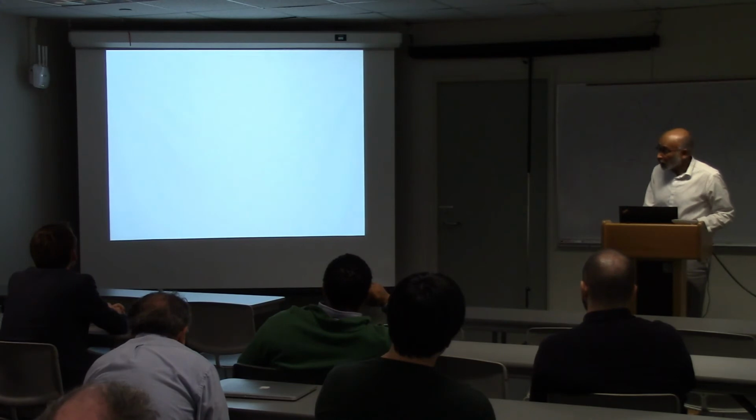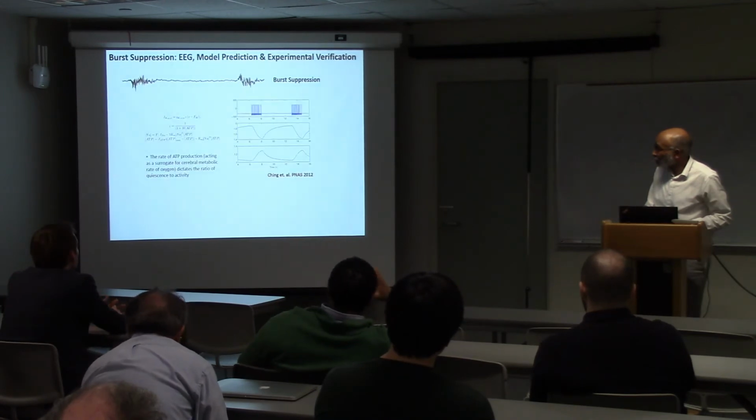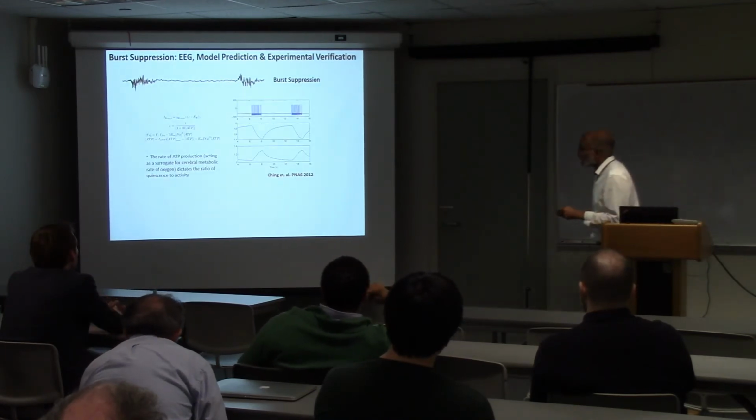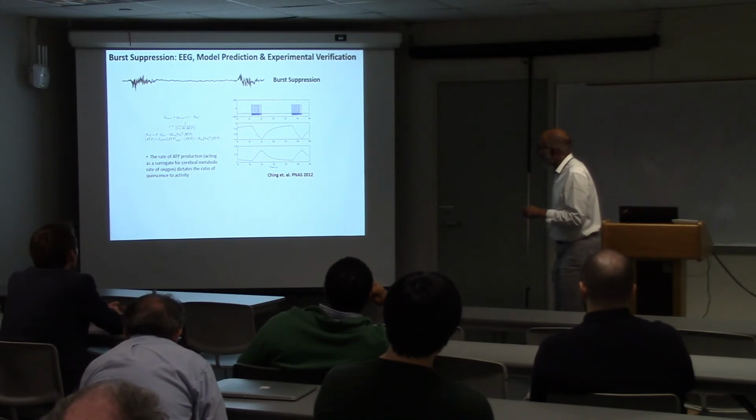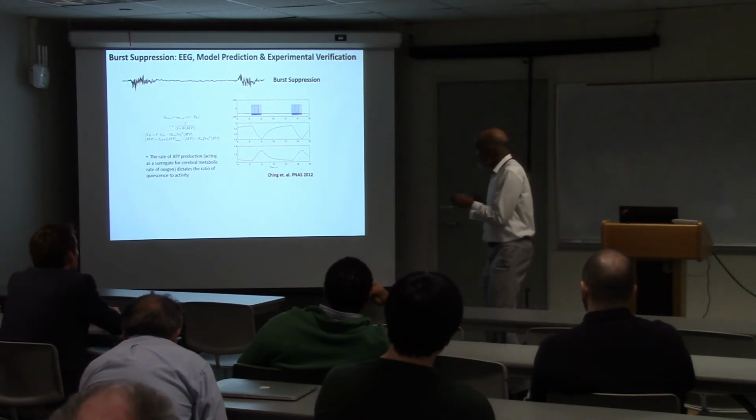I just want to say one other thing about burst suppression. This is burst suppression, just showing it to you, and this is a model that Shenung Cheng worked out. We published it in 2012. Here's the burst and here's the suppression. The main idea behind it was that there is a metabolic limit. Shenung postulated that you would be bursting as long as you could, but you had some sort of metabolic limit, and so you'd use up all your energy, which he represented as ATP.